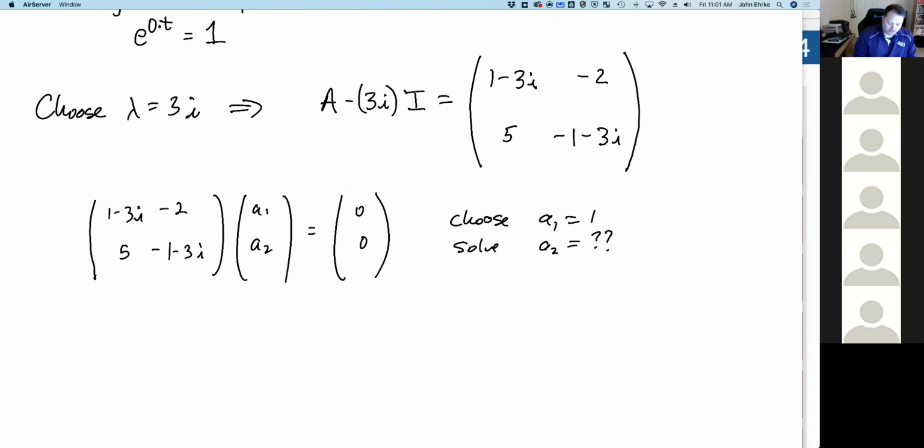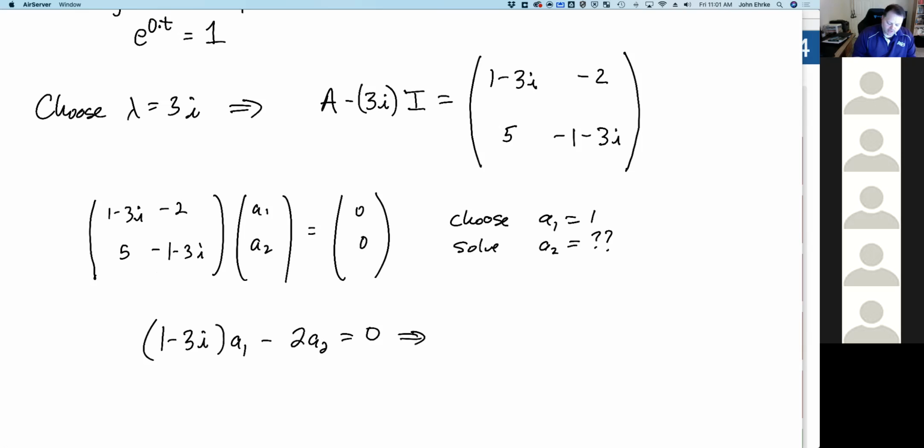Okay, so if I choose a1 to be 1, I'm going to look at the top. It's a little bit easier to pull the answer out of the top. So you've got 1 minus 3i times a1 minus 2a2 will be 0.